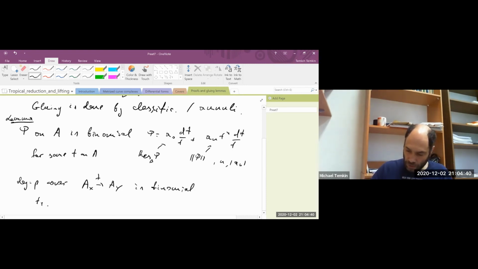With these, there exist coordinates so that f is given by tx to the p plus an tx to the n, and this time n and the absolute value of an are given by the behavior of delta f on A. Its slope is n, and its absolute value is proportional to the absolute value. So that's it, and I stop here, and thank you for your attention.